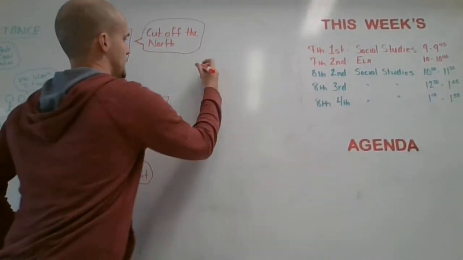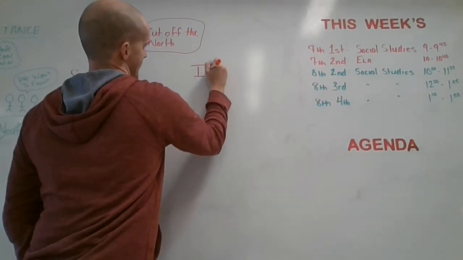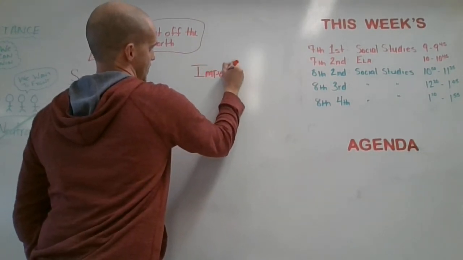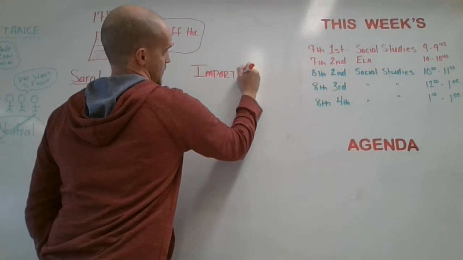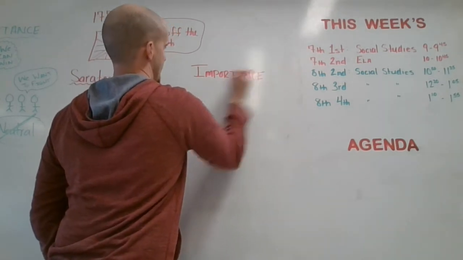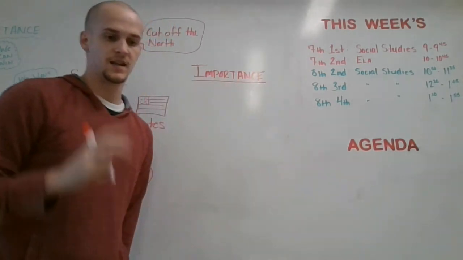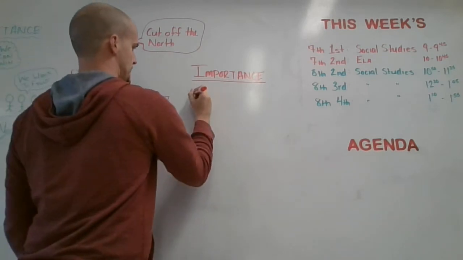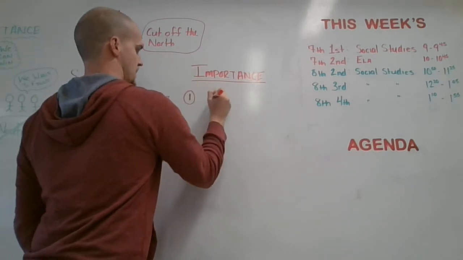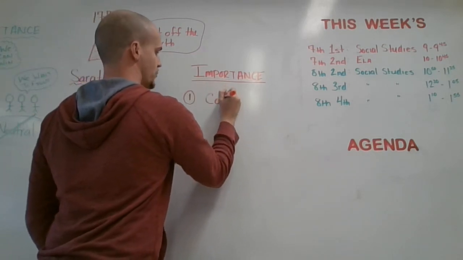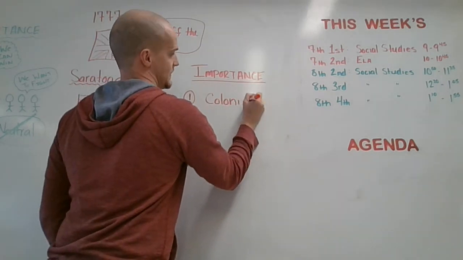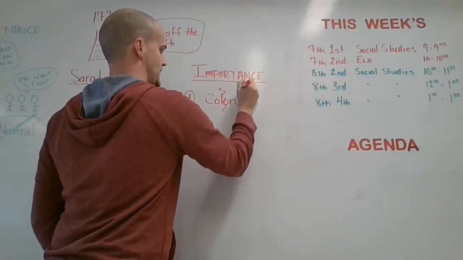And so the importance of this, again, is twofold. One, remember the plan of the British was to take the colonies and divide them.